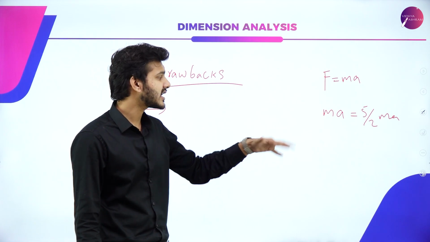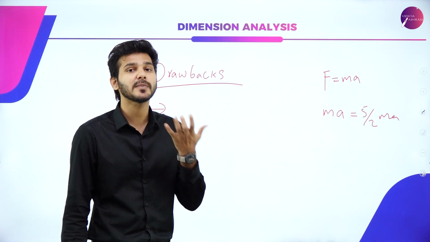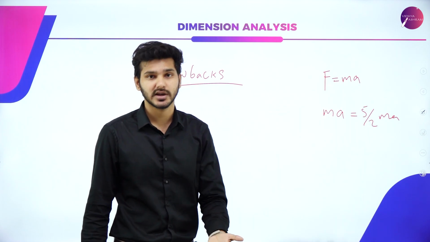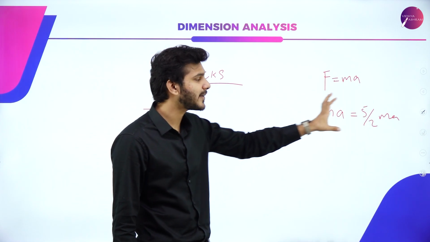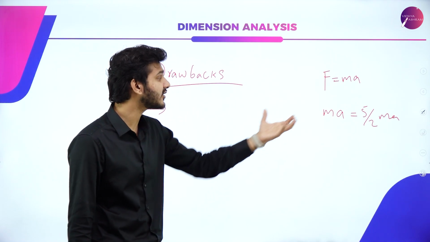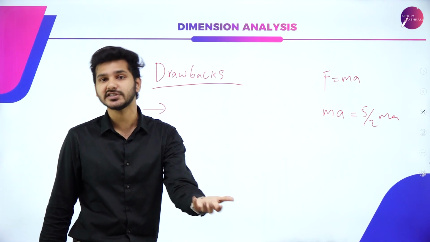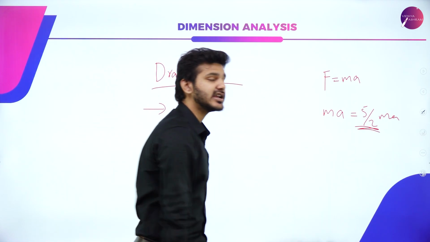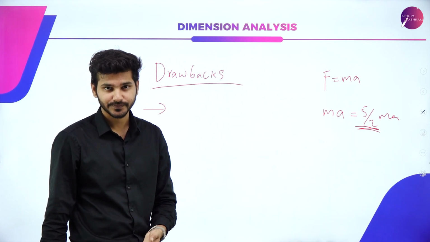It does not make any sense. There should be a 5 by 2 here for this equation to be correct, or any quantity that is balancing this equation. But if we take the dimensional analysis of this equation, it will be dimensionally correct because we are not considering the numbers, ratios, or any other factors.